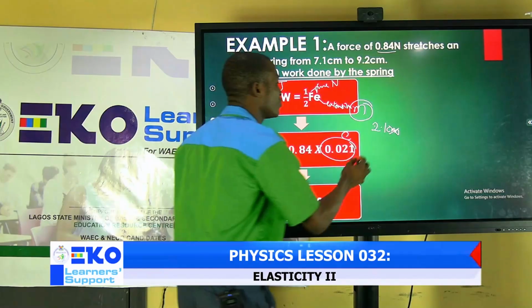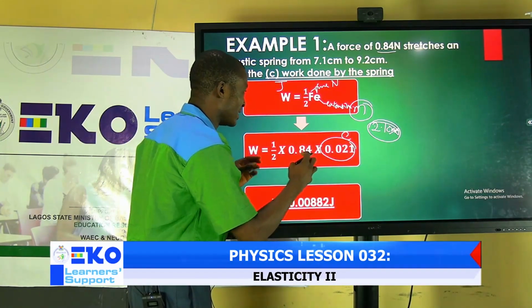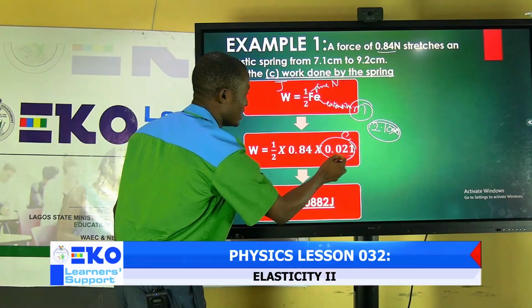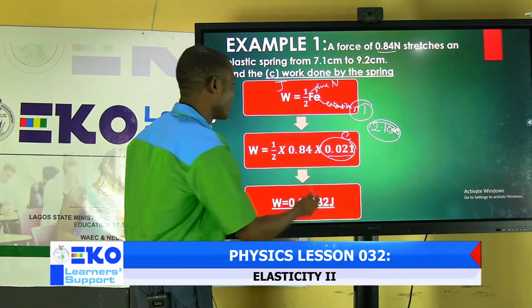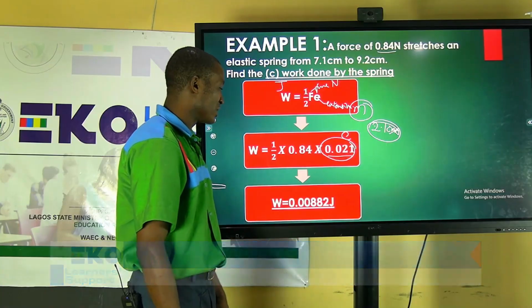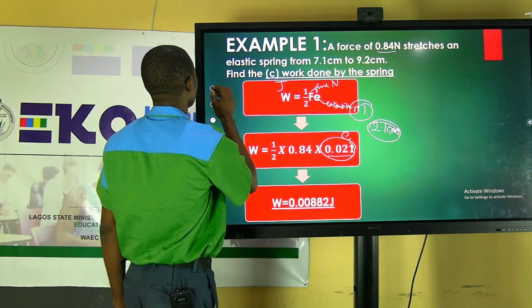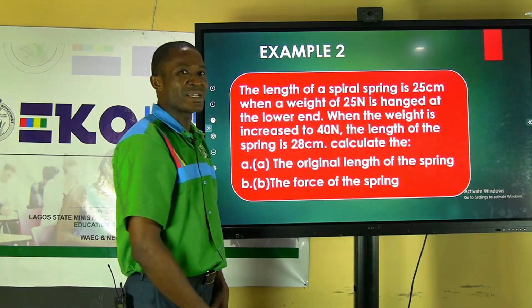So I make use of the SI unit of distance or displacement or length, which is meters. That's why I go for 0.021 times this value divided by 2, which gives me 0.0882 joules.